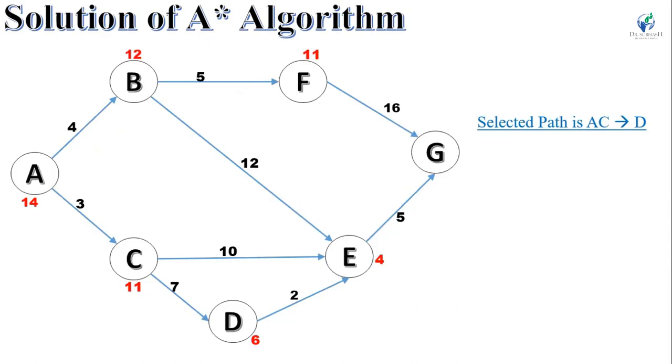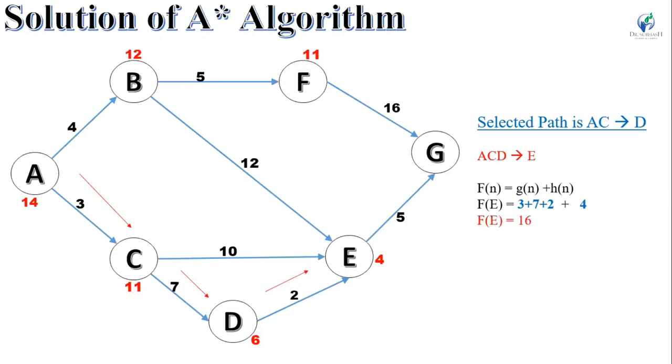With the help of that path, we can reach node E. Okay, so we find the cost of node E. The actual cost to reach node E is 3 plus 7 plus 2, equal to 12, and the heuristic value of E is 4. Putting that value in the equation, the cost of E is 16.